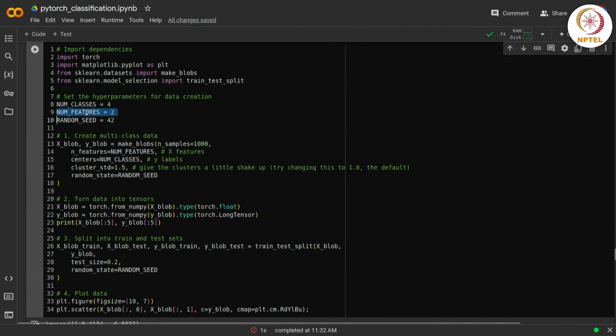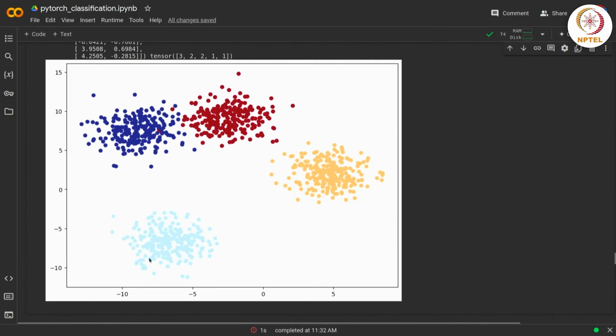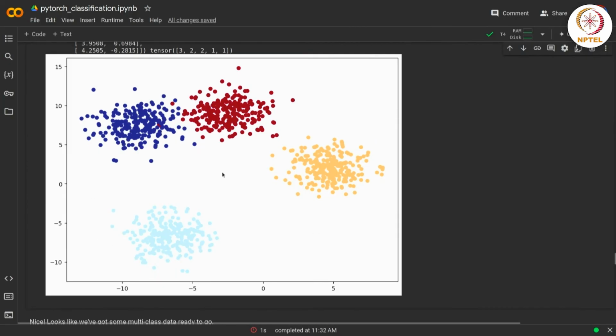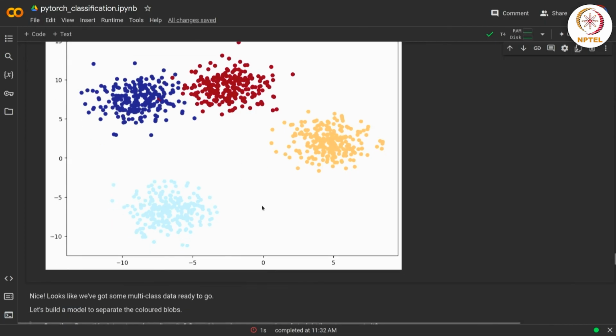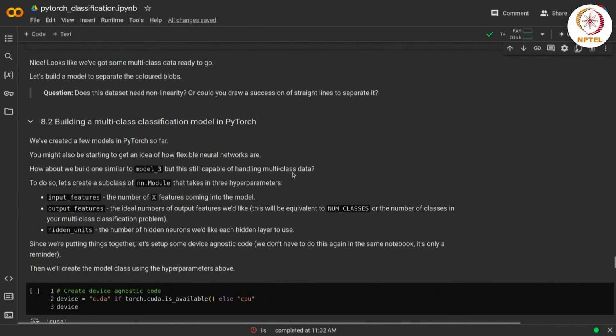You have 2-dimensional input data, x1 and x2, and make_blobs is a function that we are borrowing from sklearn to create some dummy data, and you can see that there are 4 classes here. The problem is a bit more difficult compared to the binary classification, and the network has to learn much more complex decision boundaries to be able to distinguish this data.